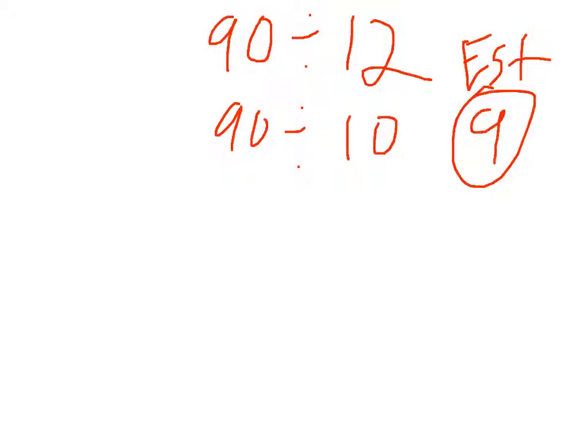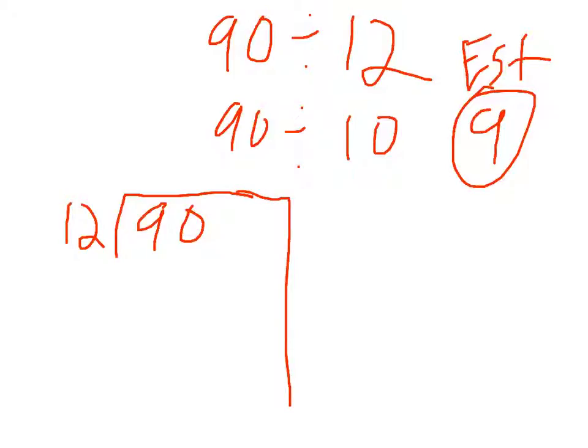Now I'm going to set it up using long division. 90 divided by 12, with the bar. First step, how many times does 12 go into 9? Can't do it. Go into 90.